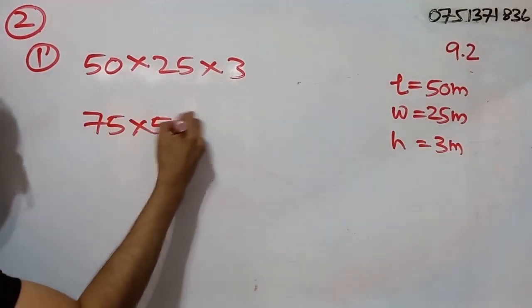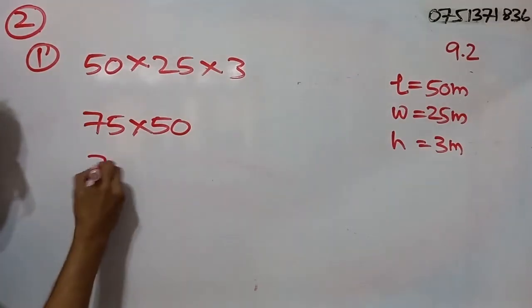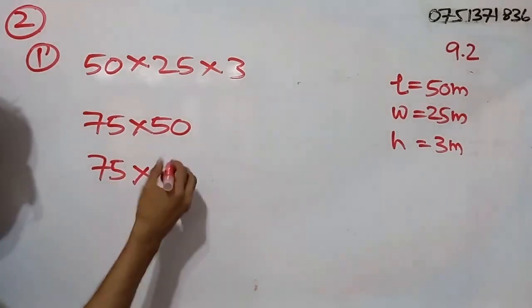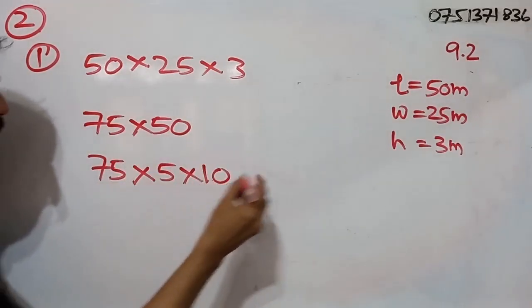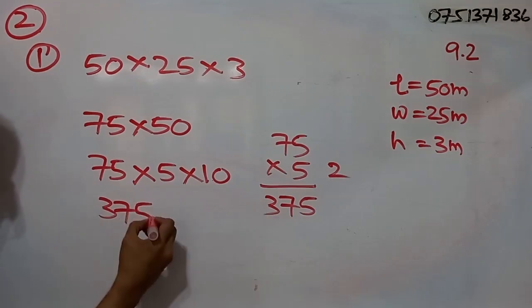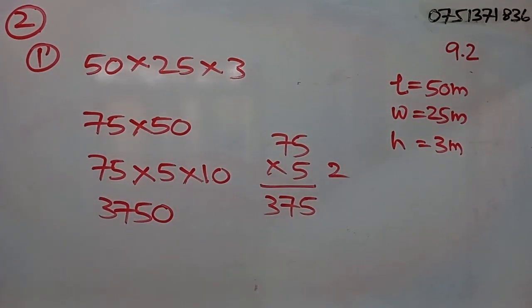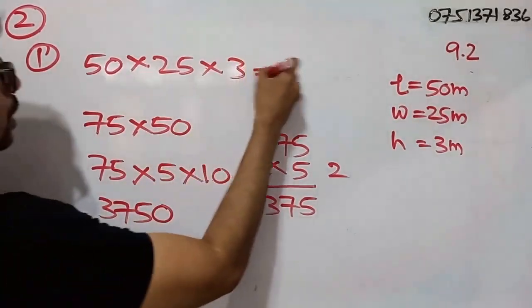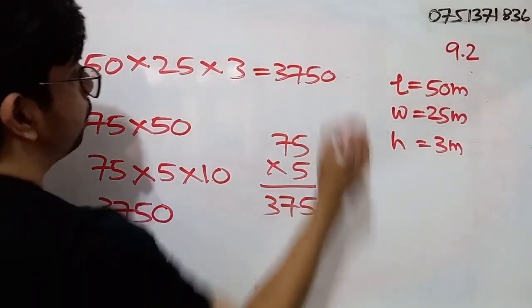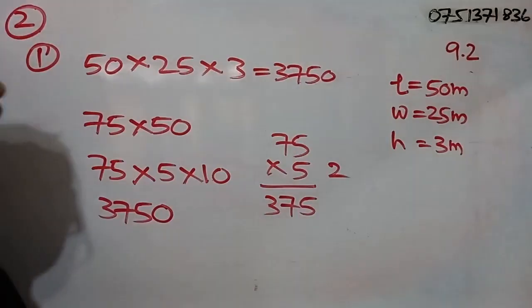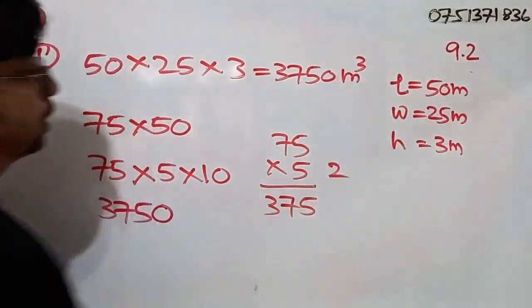So 75 into 50, we can write 5 into 10. So 375 multiplied by 10. So we get 3750. So this is equal to 3750 cubic meters.